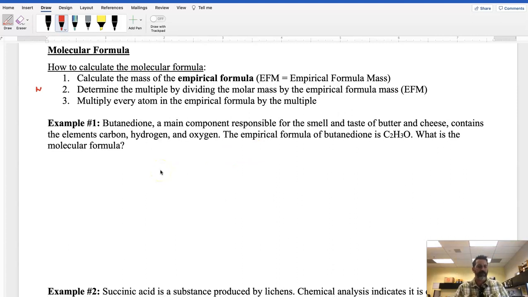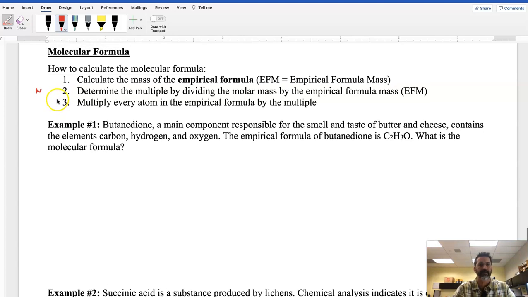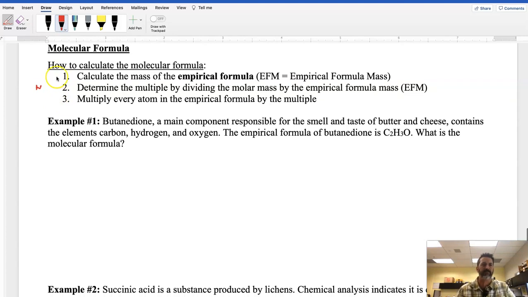All right, so again, we have 3 steps here. The first is to calculate the mass of the empirical formula, and then we're going to follow through the rest of these examples and follow these 3 steps. Okay, so this first example is actually missing a pretty crucial piece of information.